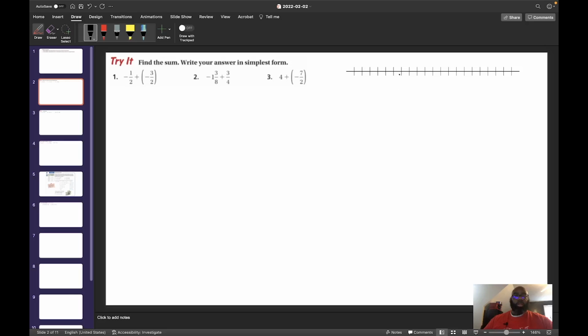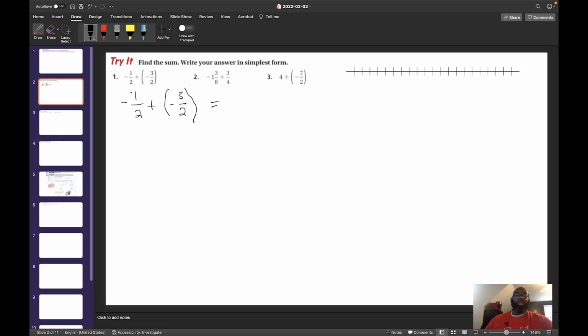So we've got a little number line here. Let's look at this problem, number one. We have negative 1 over 2 plus a negative 3 over 2. Remember the way we did this: you want to look at your denominators.